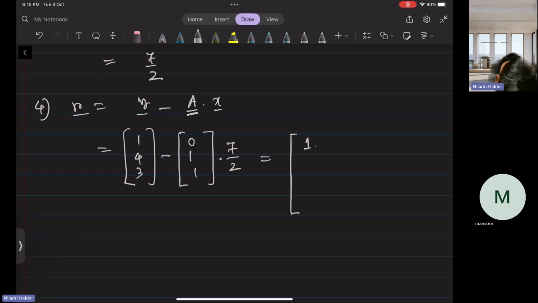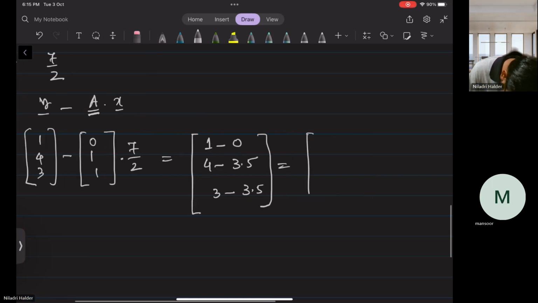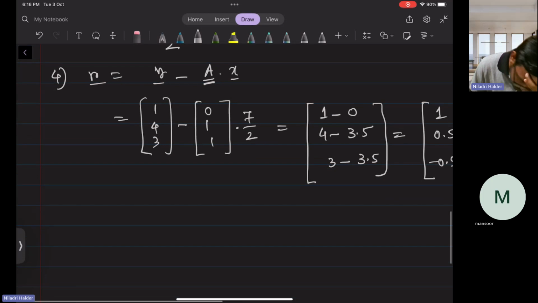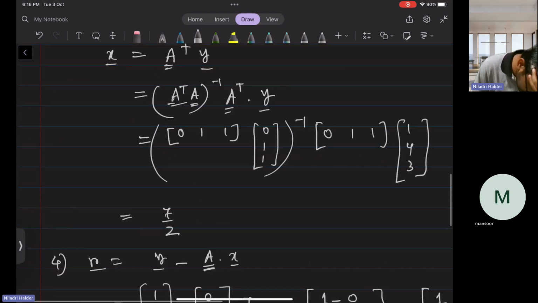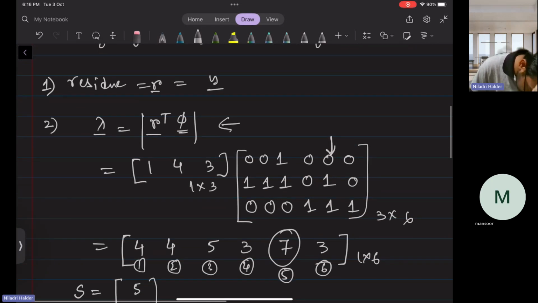So 1 minus 7 by 2 is 0, then 4 minus 3.5, then 3 minus 3.5, that is equal to 0, 0.5, minus 0.5. That is the residue. Then I will again go here and follow the same process.